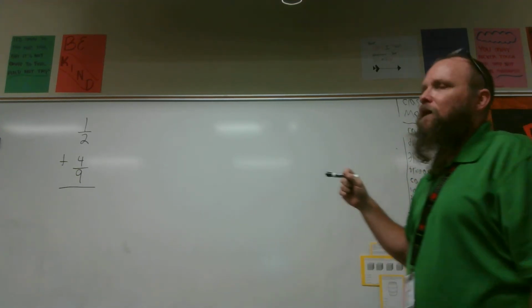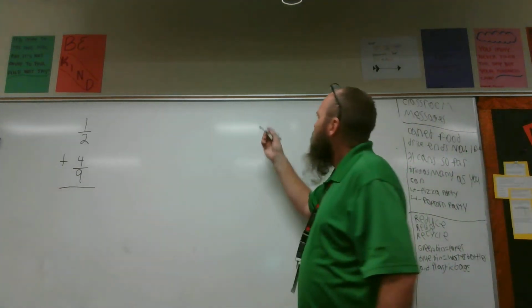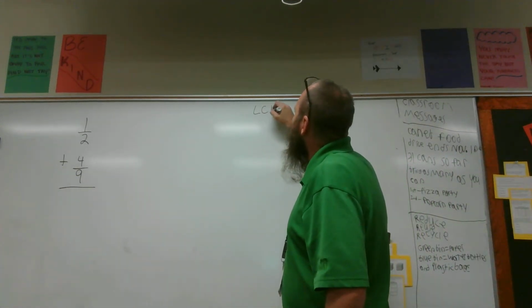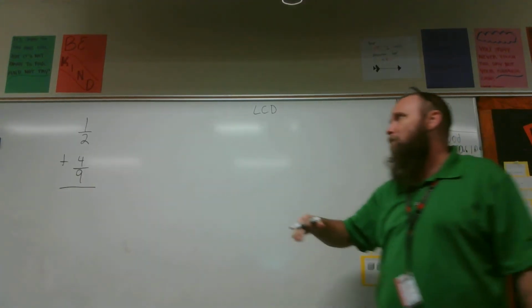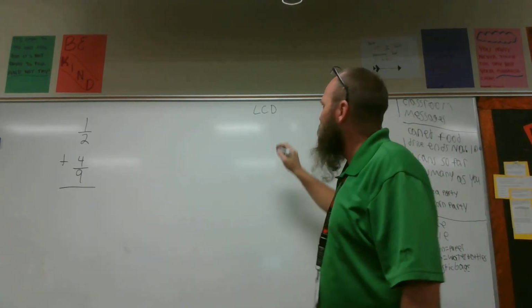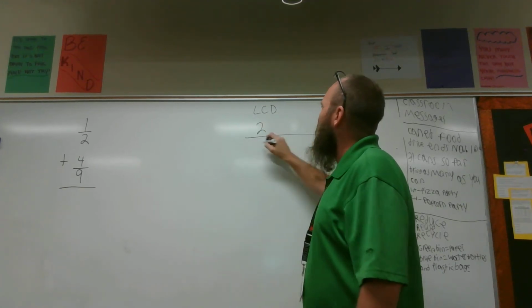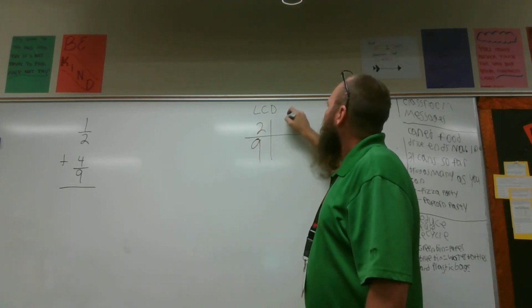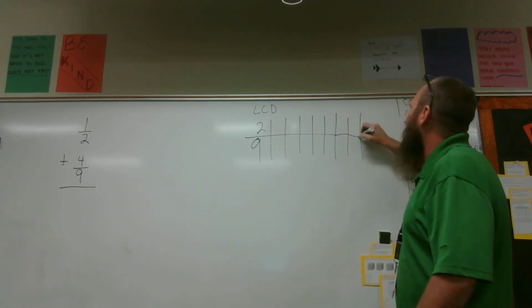What is the first thing I need to do? Good. I need to find the least common denominator, or the least common multiple of the denominators. What are my denominators, Matthew? 9 and 2. Good. And luckily, your teacher allows you to use a multiplication chart.